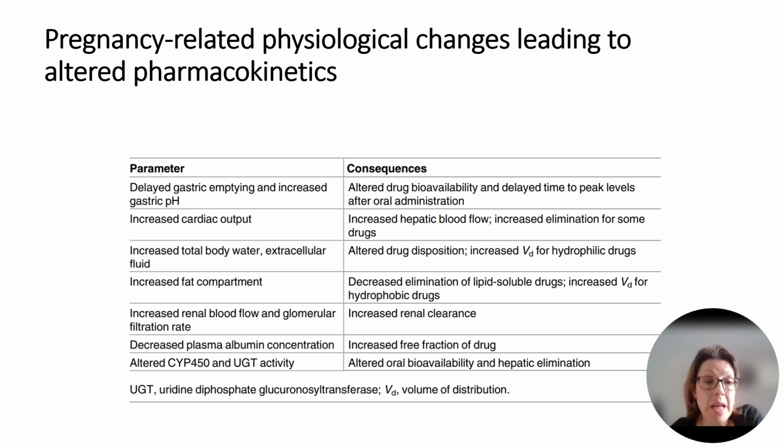The time to its peak may be different, and also if it is a drug that will not like being in an acidic environment, it may not have the desired effects if it's exposed for too long to acid, and vice versa.